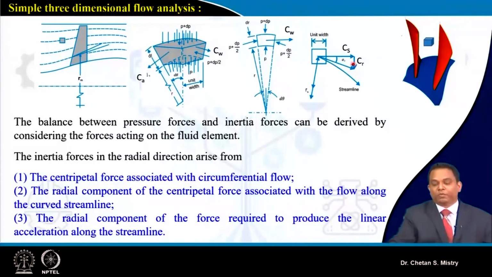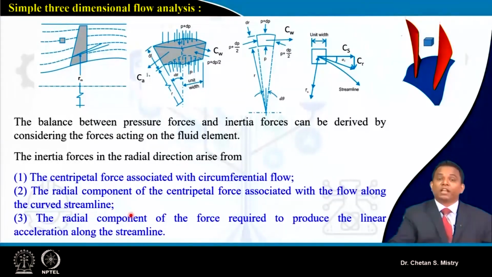This is the centripetal force acting because of my circumferential flow. The radial component of centripetal force associated with the flow on a curved streamline represents that force component. We have the relative velocity component coming into the picture, and we have the radial force component that will produce the linear acceleration along my streamline.